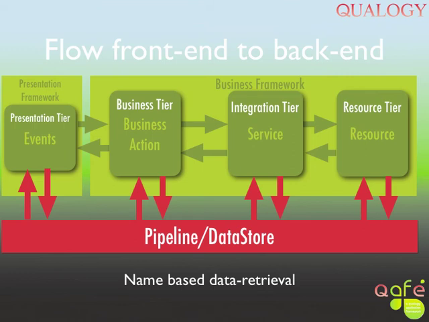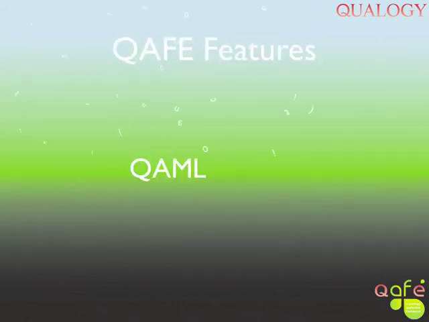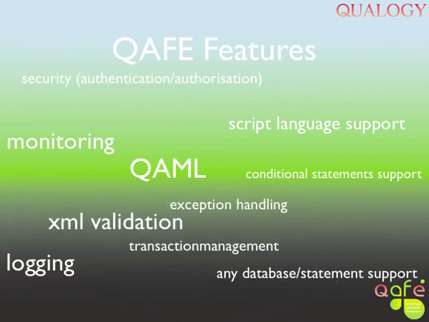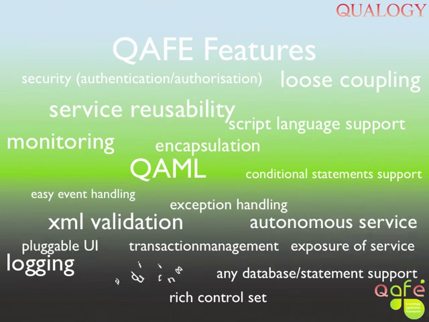Since QAFE provides an easy way to integrate the Web 2.0 and SOA architectures, it has all the good features of both plus several advantages of its own. To start with, QAFE has an easy-to-develop and understandable CAML coding with validation help, authorization and authentication, enabling security.